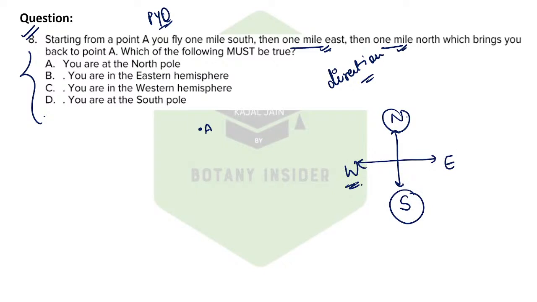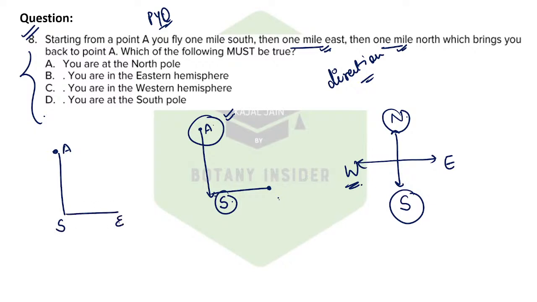The question says you are at a point A, flying 1 mile towards the south, that is the downward direction. Then from here you move 1 mile in the east direction. Then from here you go 1 mile towards the north. If I draw it properly, this is your south, this is your east, and from here you are going towards the north again.